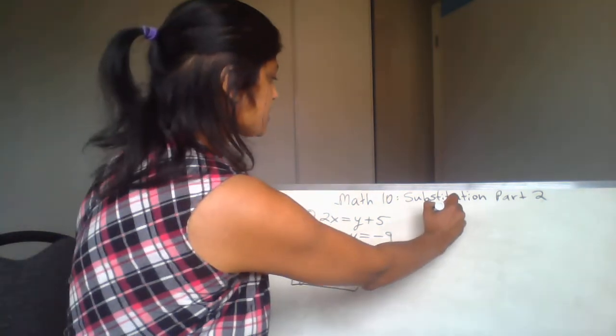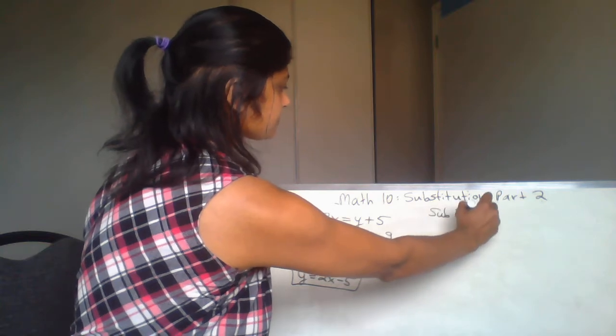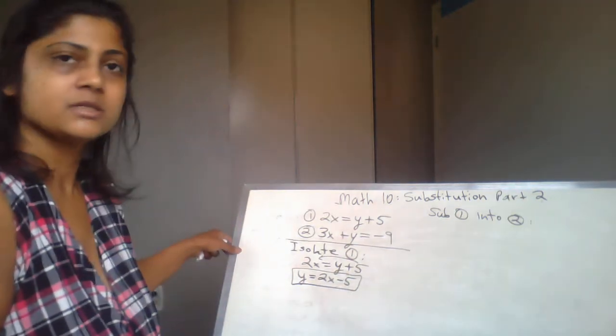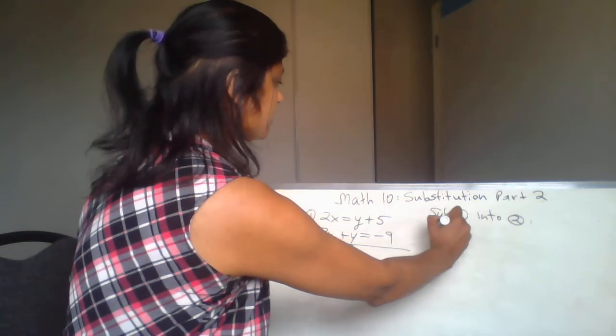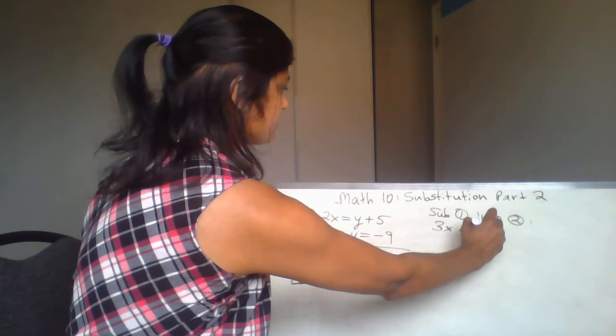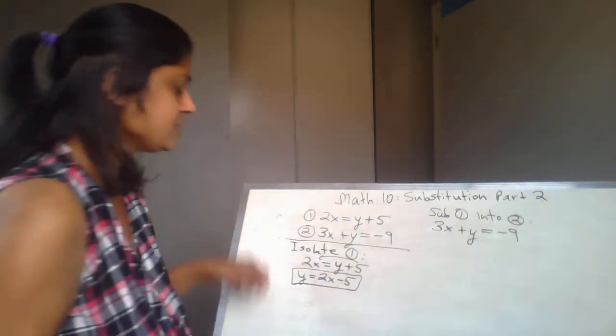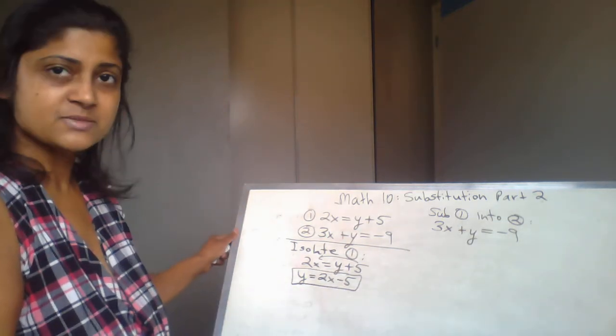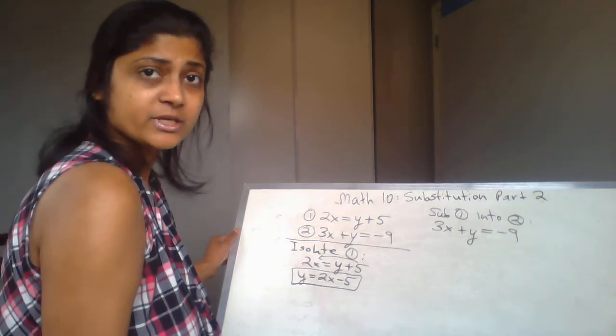Now I'm going to substitute equation 1 into equation 2. So let's rewrite the second equation here. Instead of putting the y, I'm going to put 2x minus 5, and make sure that you're putting it in brackets.